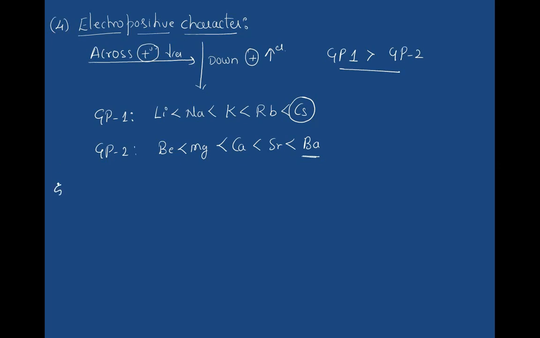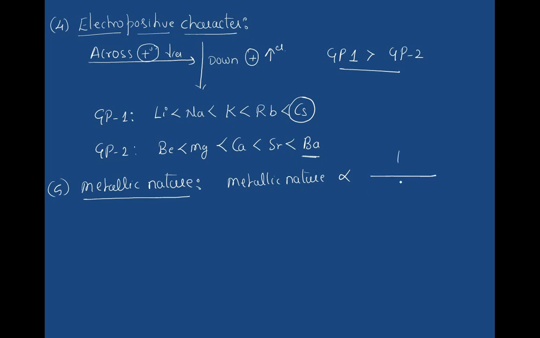Based on this electropositive character and ionization energy, I can explain the metallic nature of these elements. The metallic nature of any element is inversely proportional to ionization energy, or directly proportional to its electropositive character.